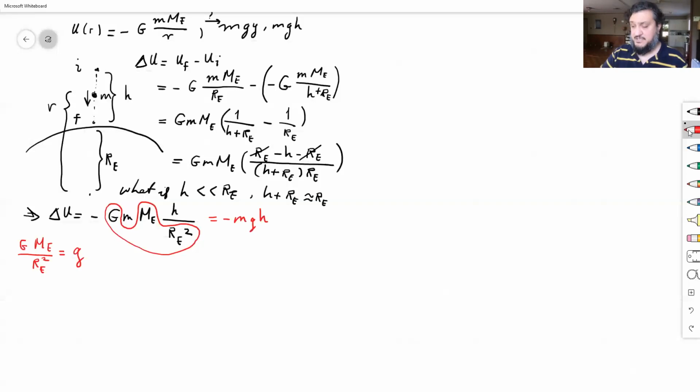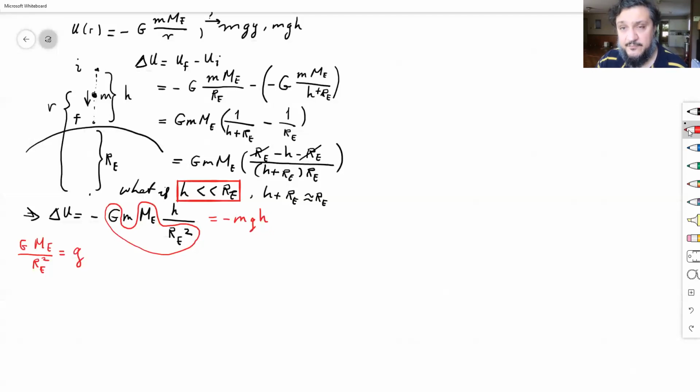Indeed, when an object falls, its potential energy decreases by exactly that amount, mgh, if this approximation is valid. For small h, you can do that. For larger h, if you're working with, I don't know, space physics or something like that, you can't do it anymore, so you have to go with the most generic formula.